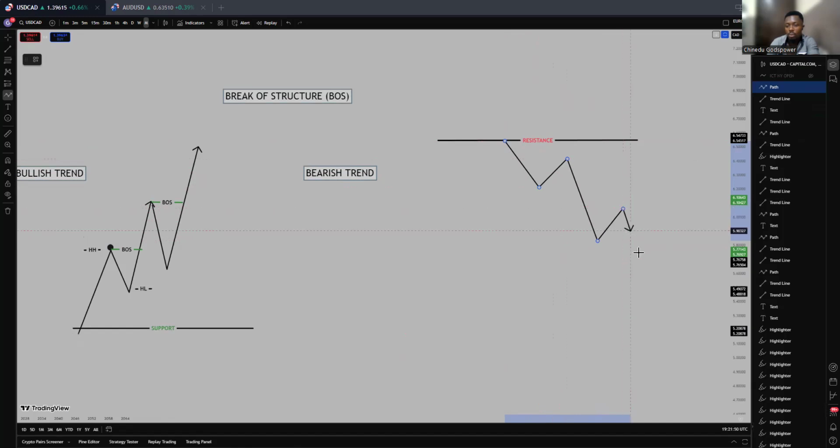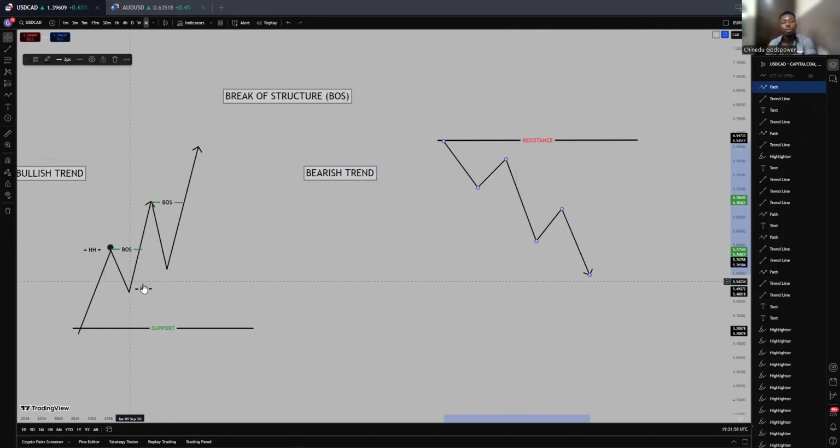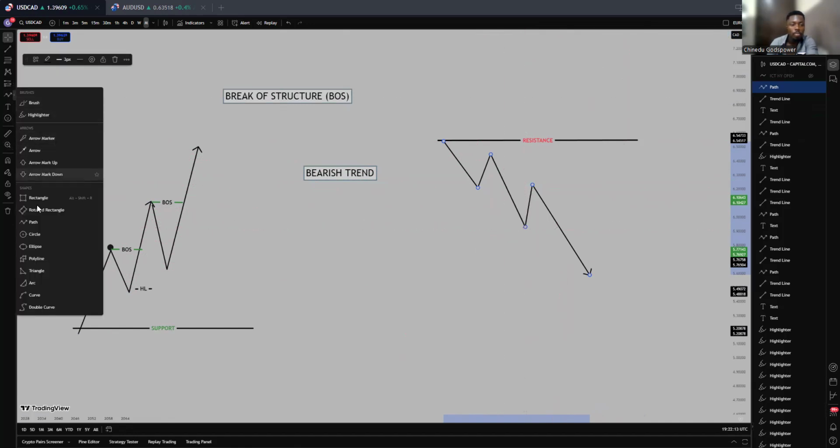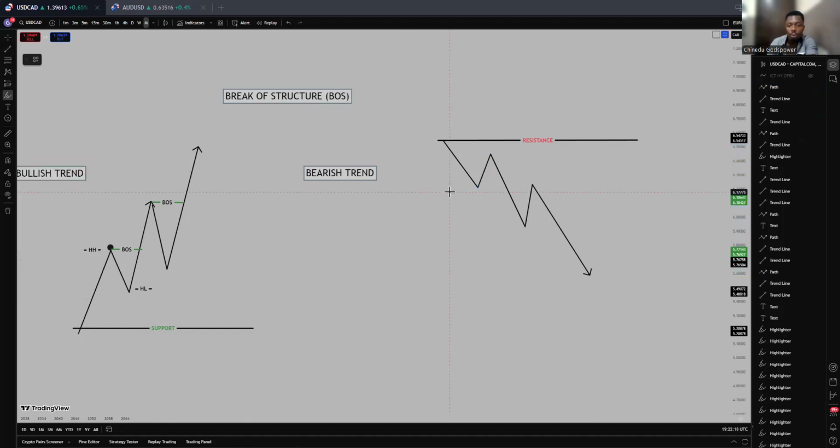Just the same way we did it for the bullish breakout structure, it's the same thing for the bearish breakout structure. There's no difference. You see price breaking after every move. After every pull, price does a pullback to the 50% zone and what? It breaks structure just here. Break structure, break structure.